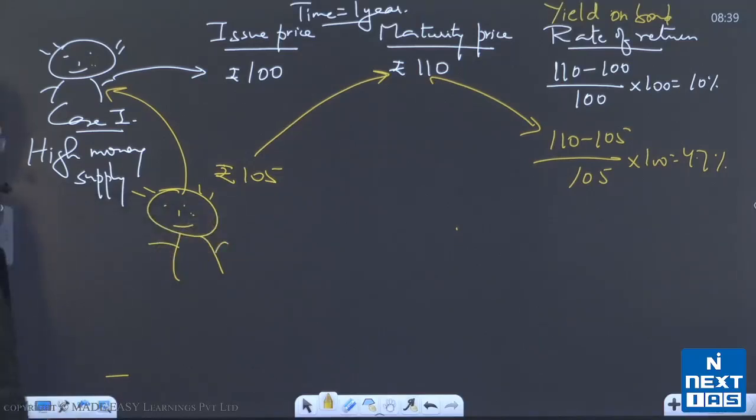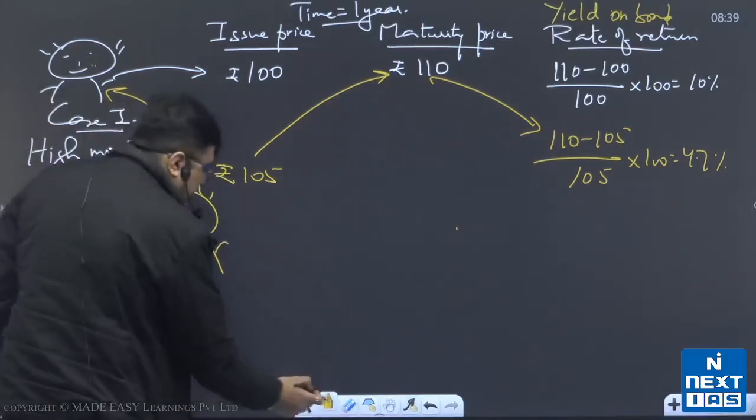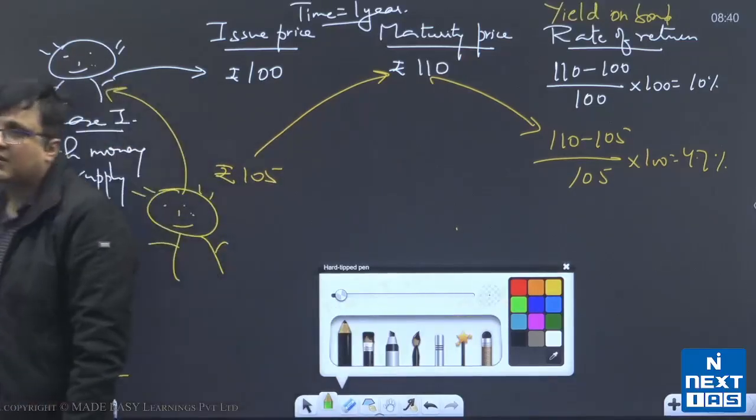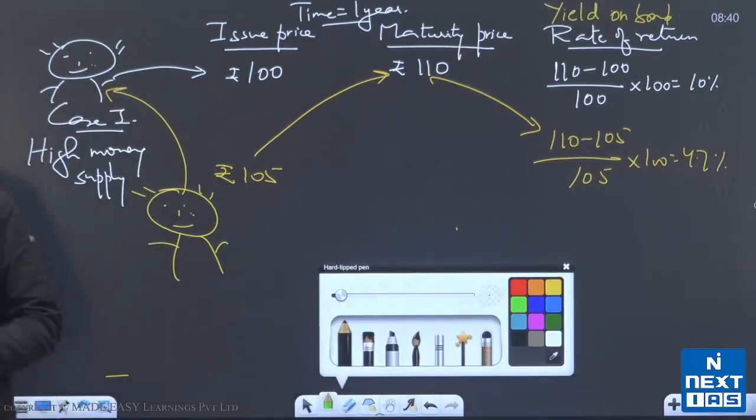Okay. Now, suppose I create a case 2. Because I can sell it at 108 tomorrow if the market continues like this. Within a month. That is what you call speculation. You understand?